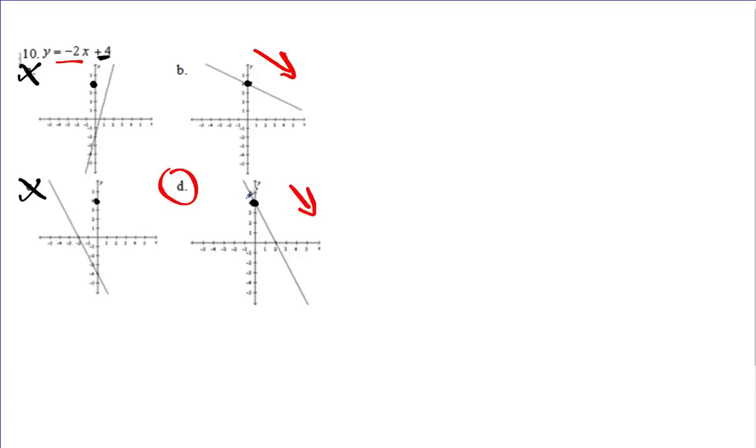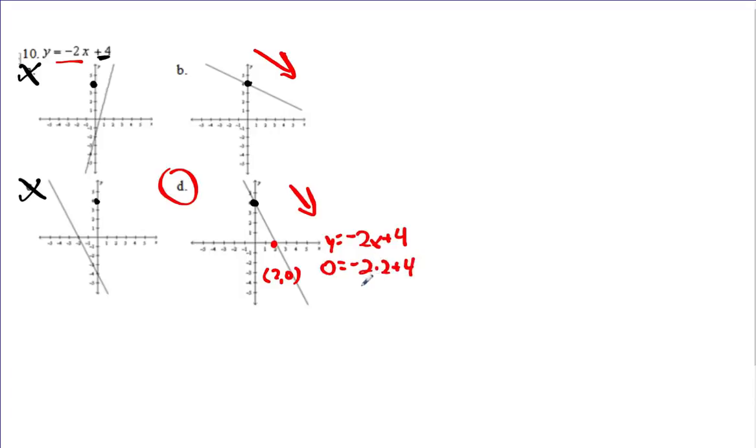And if you don't believe me, we can check this, because we have this point right here that's actually on the axis, the point (2, 0). If we put that into our equation y = -2x + 4, does 0, which is our y, equal -2 times 2 plus 4?